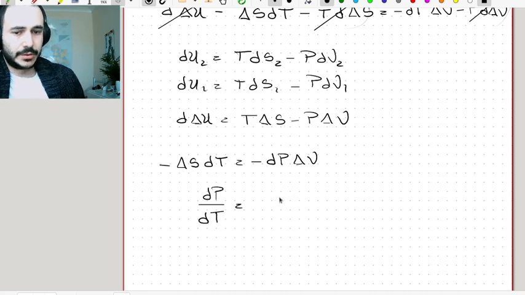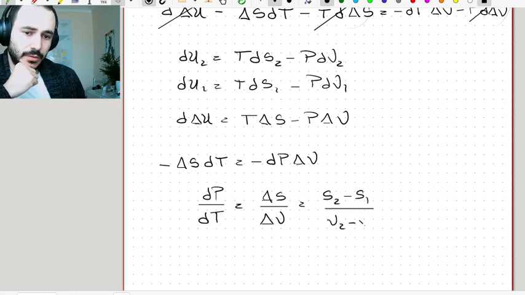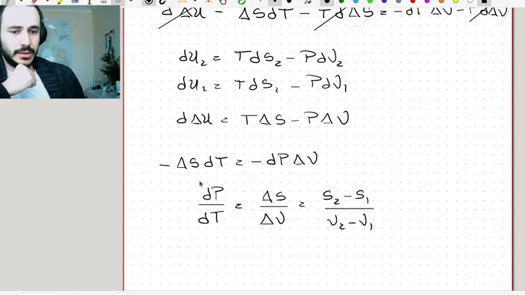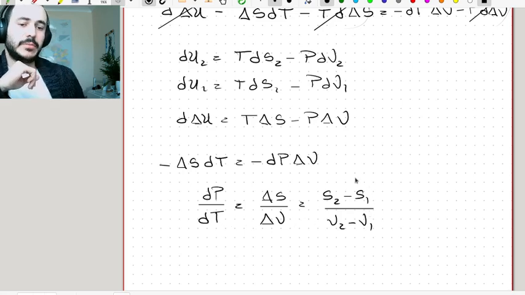And it just so happens to be delta S divided by delta V, which is nothing but S2 minus S1 over V2 minus V1. So this derivative, the change in the saturation pressure per unit temperature, is given by the finite difference, because remember, these guys were discontinuous across the phase transition.